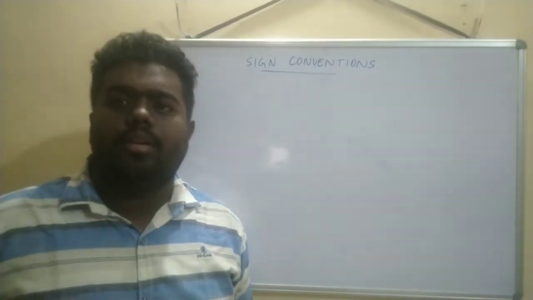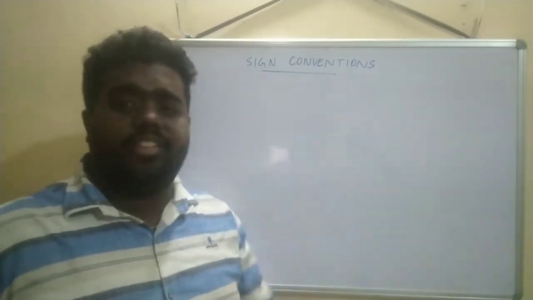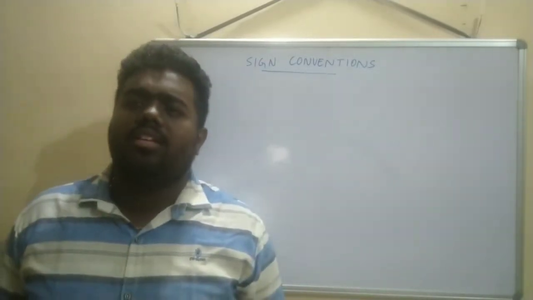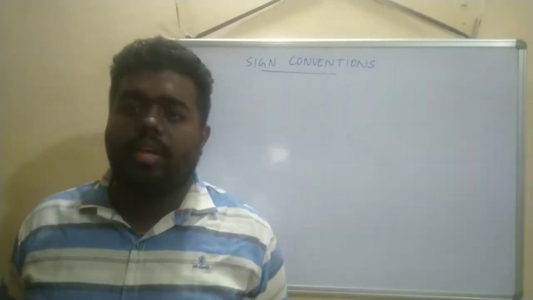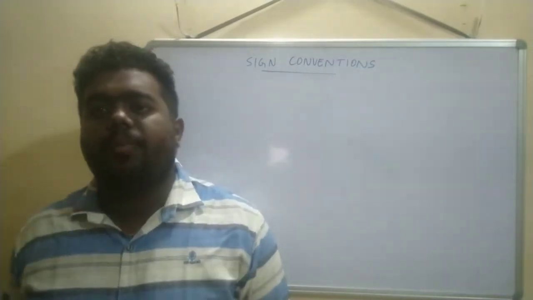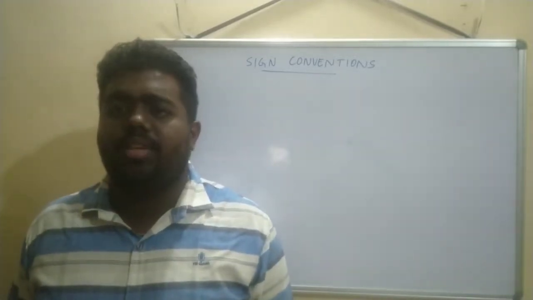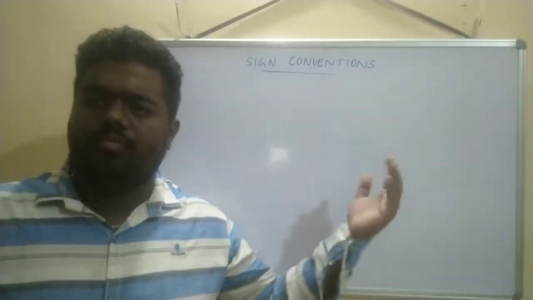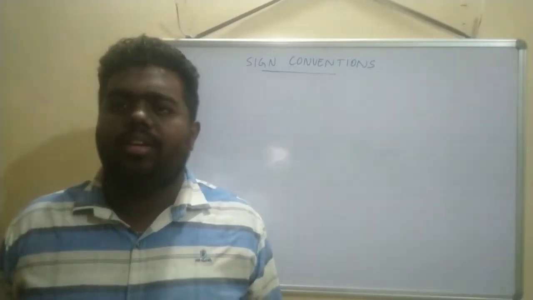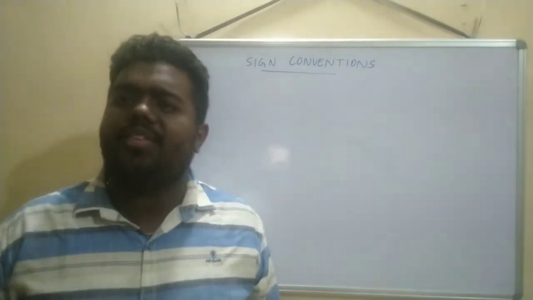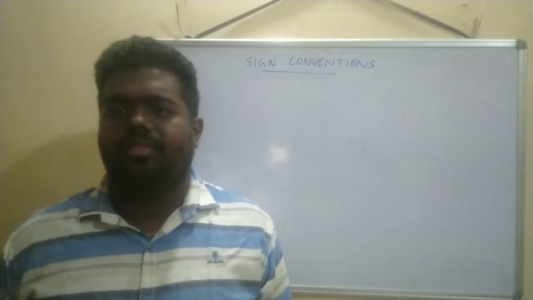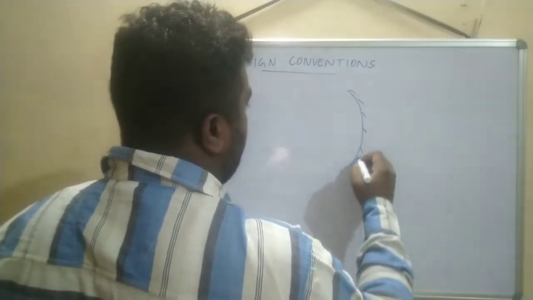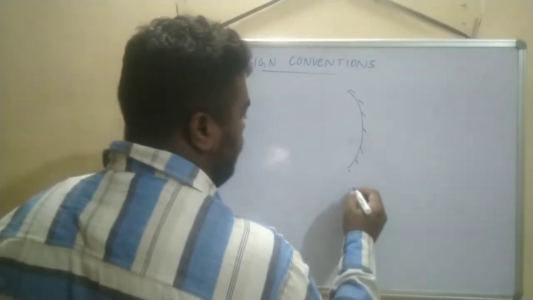So now one more topic before moving to numericals is sign conventions. We should also know about sign conventions. So remember one thing, this is like a Cartesian plane. The mirror is kept in between of the Cartesian plane, means at origin. The measurement taken on the left side of the mirror is taken as negative, and right side of the mirror is taken as positive. See here, this is for example a concave mirror, or convex mirror.